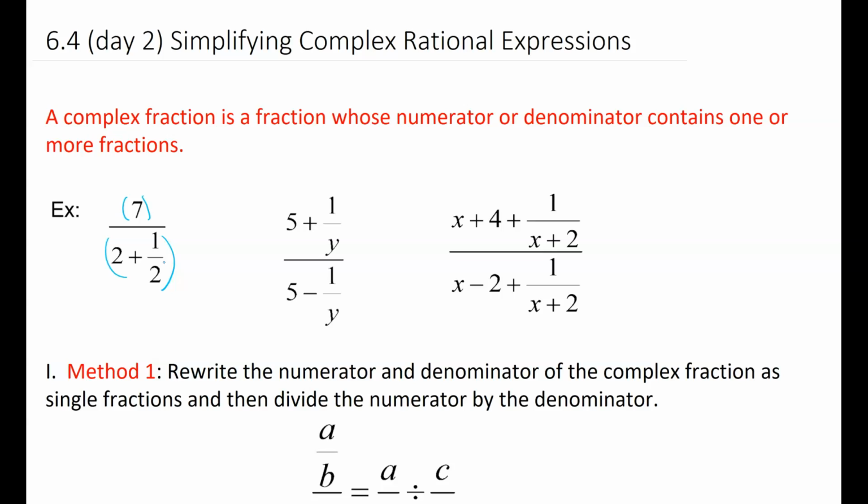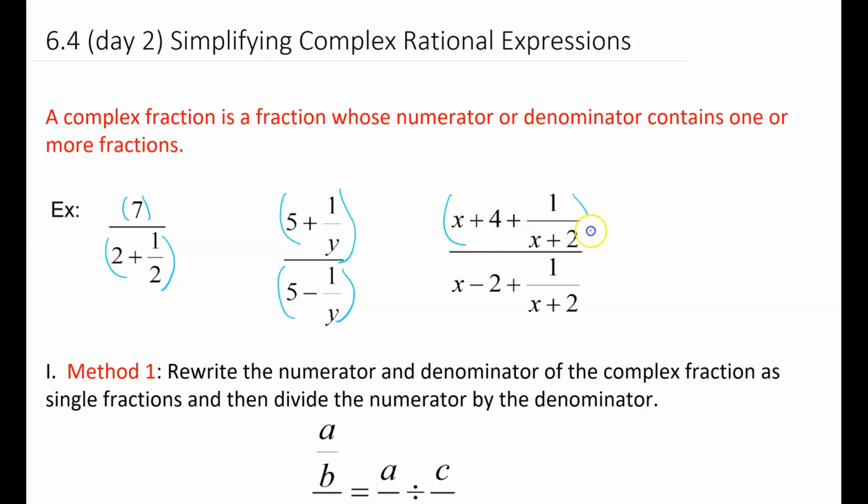The next one is 5 plus 1 over y, all over 5 minus 1 over y. And again, we see that we have this dark, heavier bar here. So it's basically a binomial divided by this one. And then the third one, again, we have x plus 4 plus 1 over x plus 2.